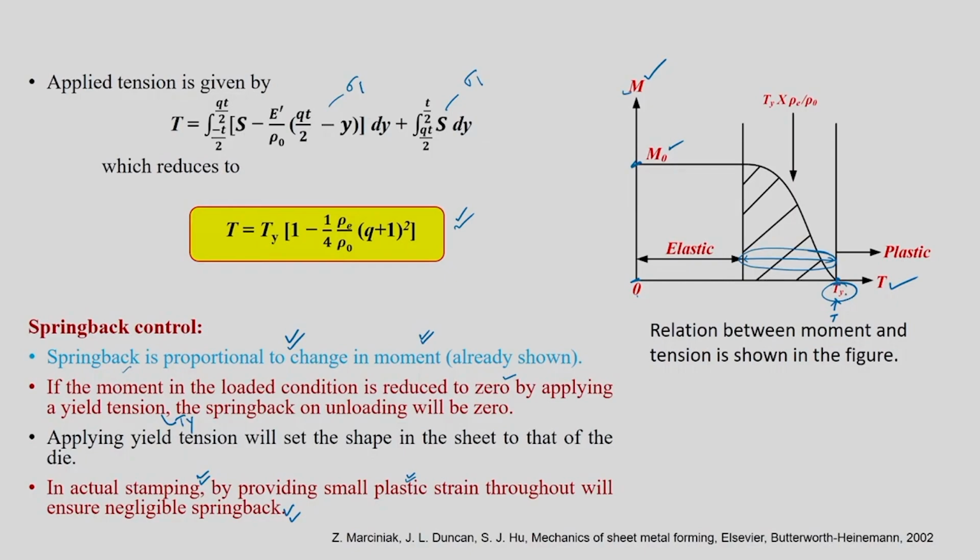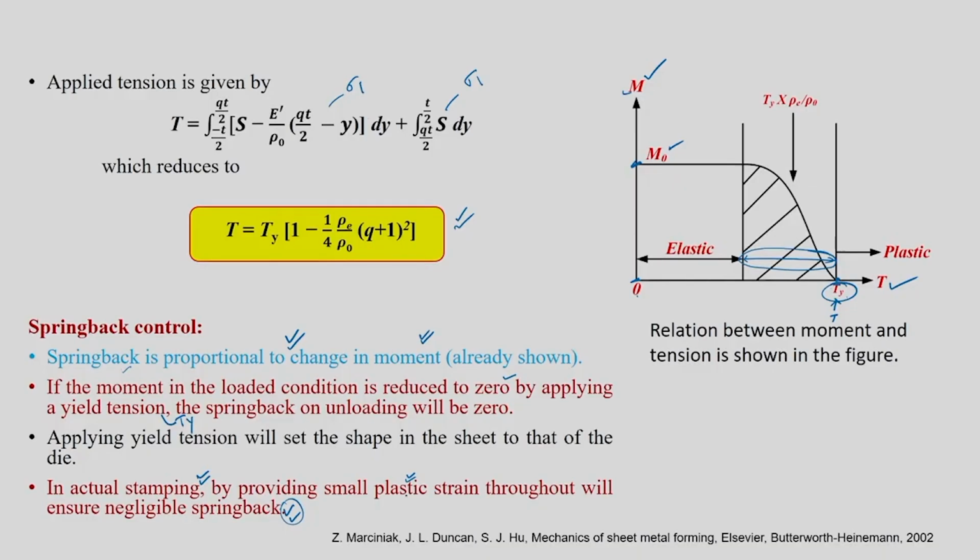This interpretation can be obtained from this, and it is one way to control spring back. In actual stamping you need to provide a small plastic strain with the help of tension so that you will have negligible spring back.